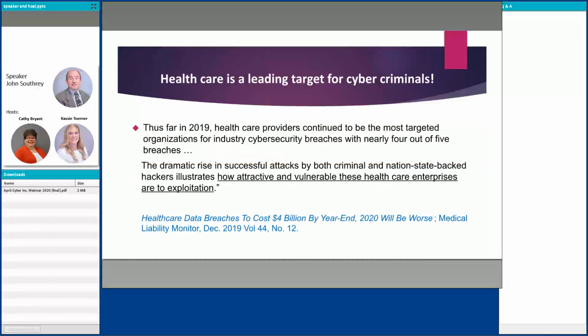In 2019, healthcare providers continued to be the most targeted organizations for cybersecurity breaches, with nearly 4 out of 5 breaches involving this industry. The dramatic rise in successful attacks by both criminal and nation-state-backed hackers illustrates how attractive and vulnerable healthcare is to exploitation.